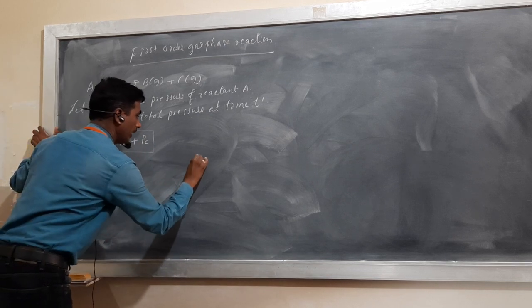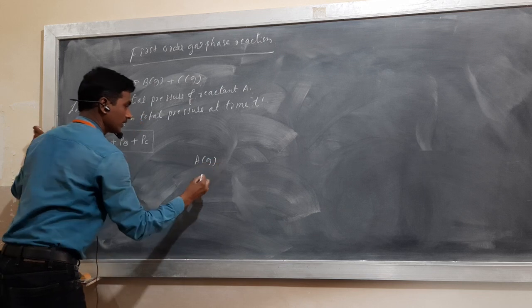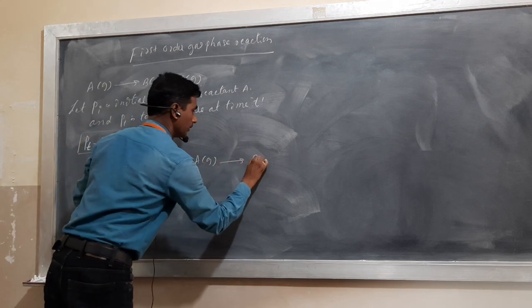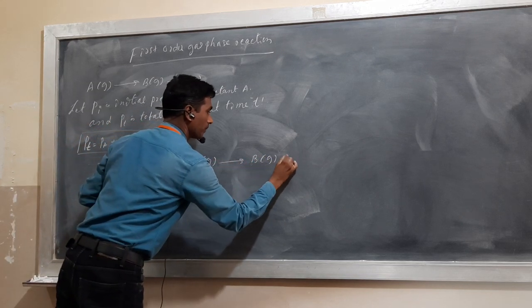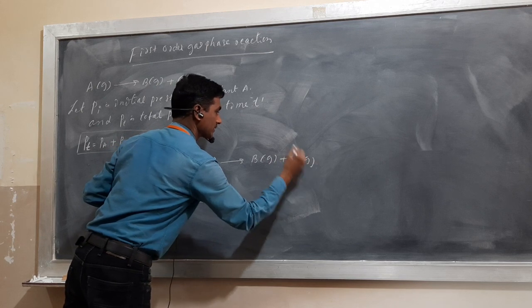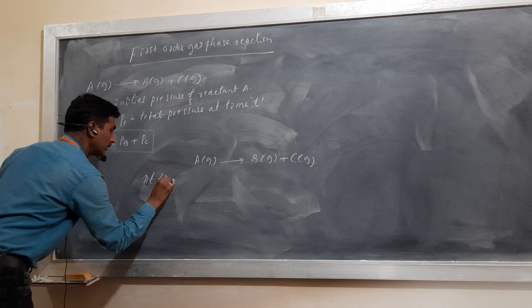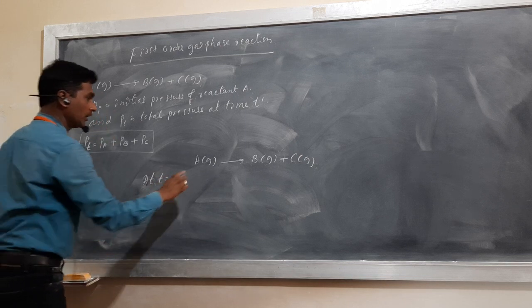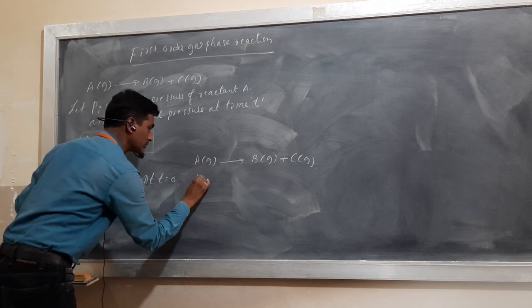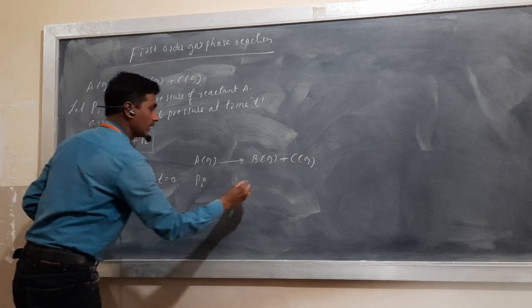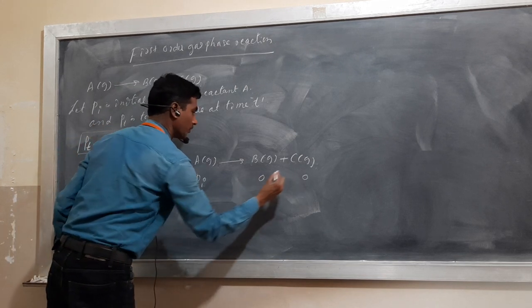Now A gas gives rise to B gas plus C gas. At time t equal to 0, the initial pressure of A is Pi, and for B and C it is 0 and 0.